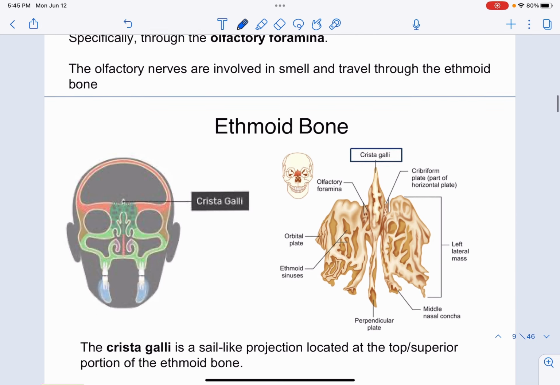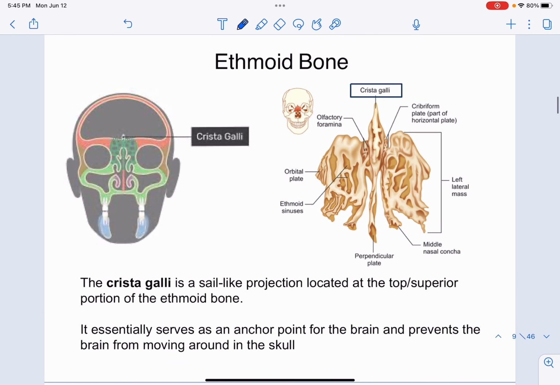All right, let's move on to a couple other features here. So I told you that inferior, like kind of pointing in the inferior position, is the perpendicular plate. In the superior position is something called the crista galli. So it's like a sail-like projection. It's located on the top portion of the ethmoid bone.